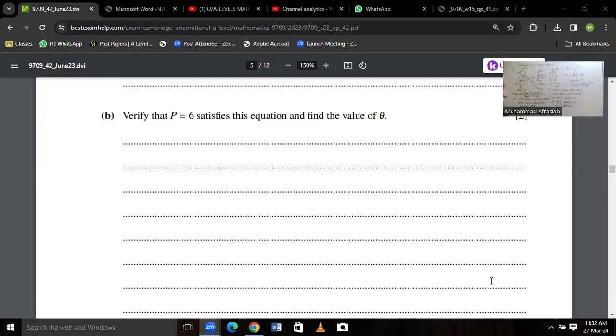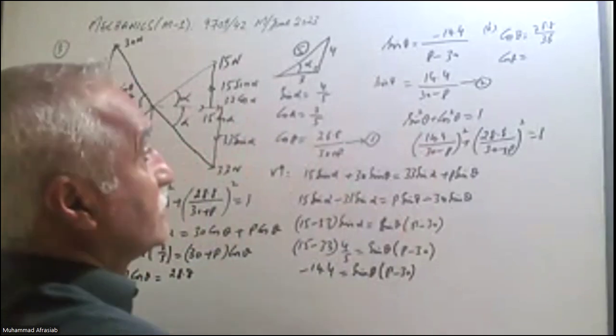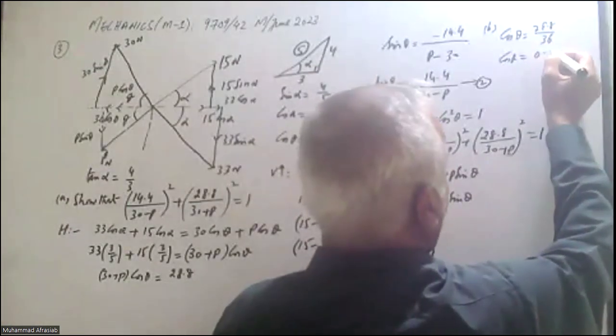When P is equal to 6, cos of theta is now equal to 28.8 over 36, and that is 0.8.